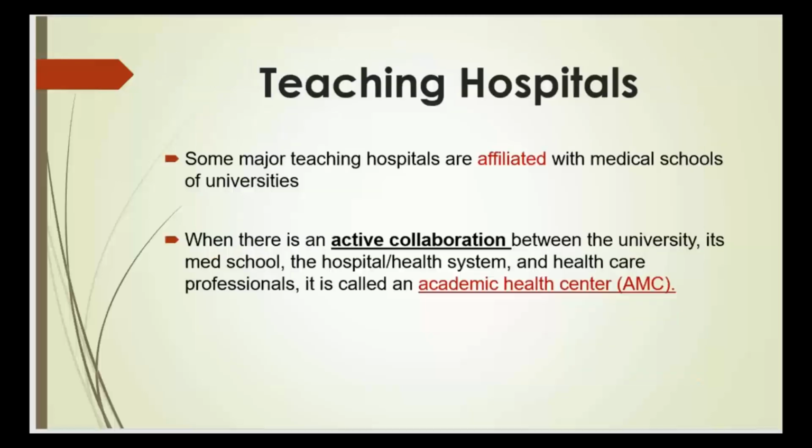All right, now for teaching hospitals. Some major teaching hospitals are affiliated with medical schools. When there is an active collaboration between the university, its medical school, the hospital and health system, and healthcare professionals, it is known as an academic health center.